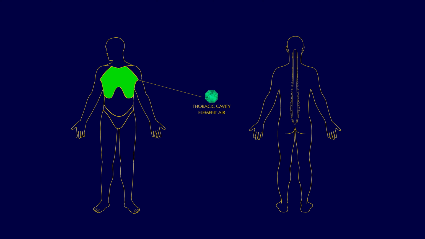As you inhale and exhale slowly once, imagine your thoracic cavity green. Imagine a brilliant green octagonal emerald in your thoracic cavity.